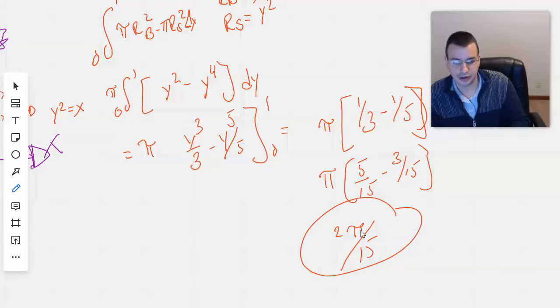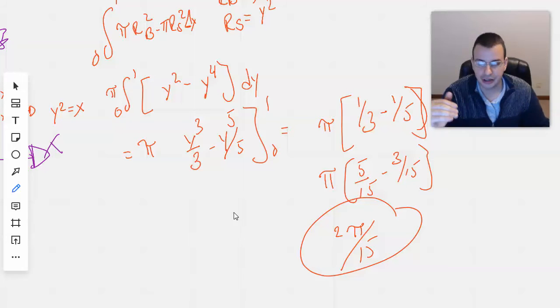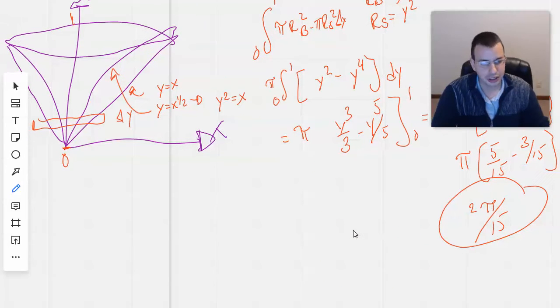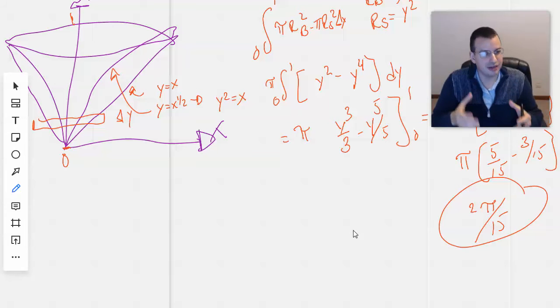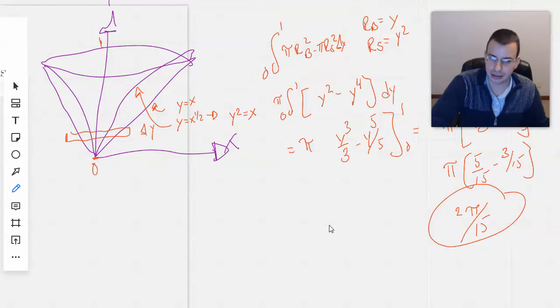All right, so there we go. If we use the disk method, going from 0 to 1 in the y direction, we got 2 pi over 15, which is the same thing we got doing the shell method. So I could have just been wrong twice and coincidentally everything matched up, which, I guess 2 wrongs do make a right sometimes.